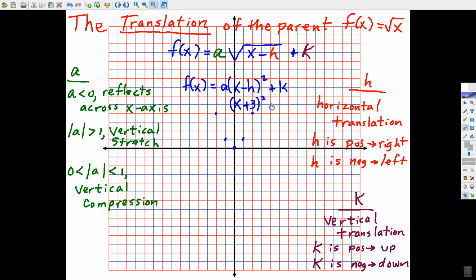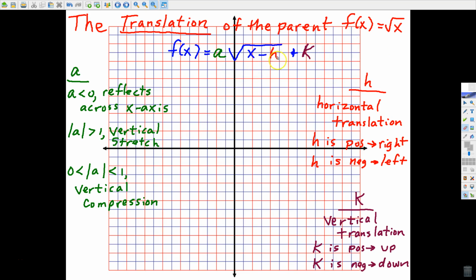We spent quite a bit of time on the translation of the quadratic y equals x squared, or f of x equals x squared. Well, I just want you to know that those same translation principles are still going to be applicable when we talk about the translation of y equals the square root of x.